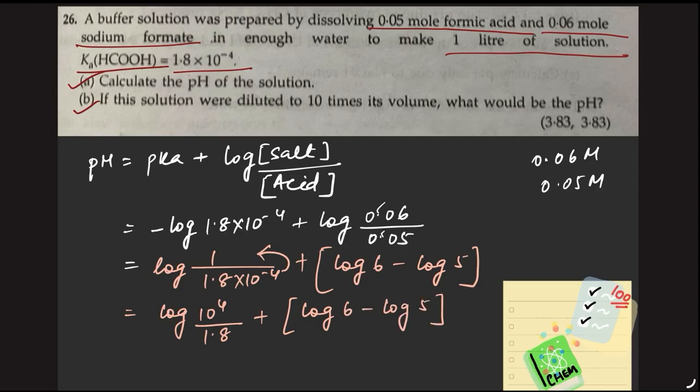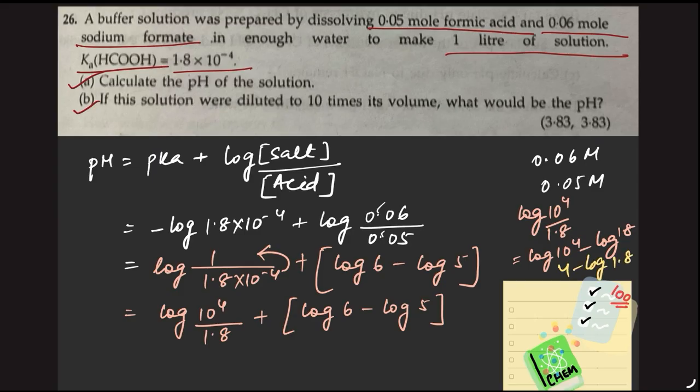Log 10 to the power 4 by 1.8 can be written as log 10 to the power 4 minus log 1.8. Now what is log 10 to the power 4? It is 4. So this becomes 4 minus log 1.8, right?